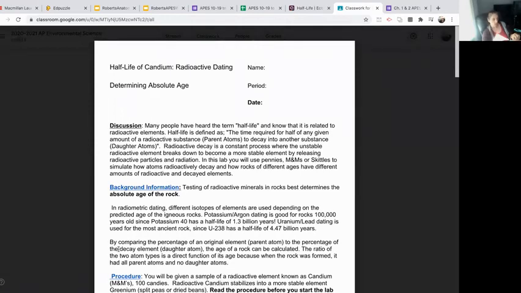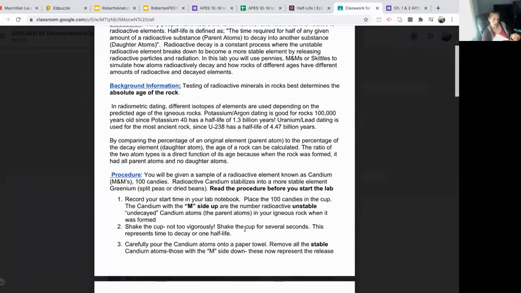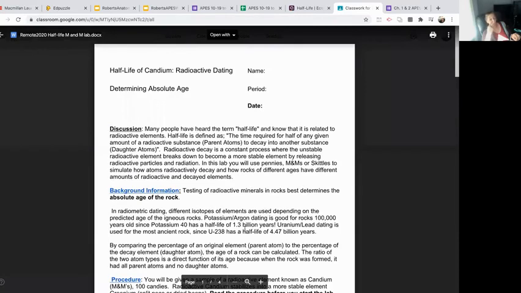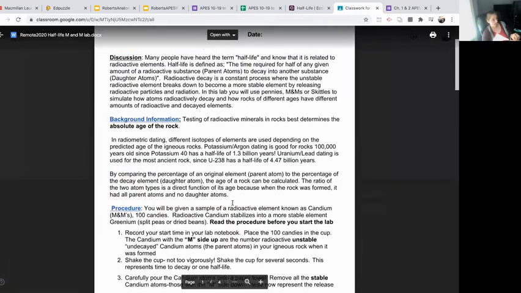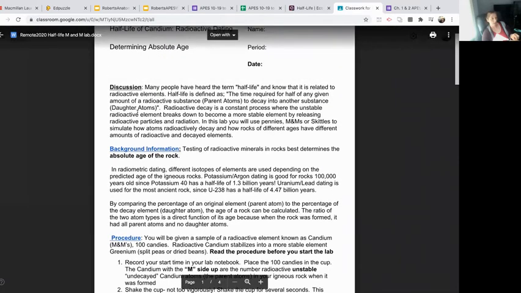And what we're going to do is I'm going to be putting you into groups. And when you get into your groups, whoever has the most number of pets in their house goes first, and reads the discussion.